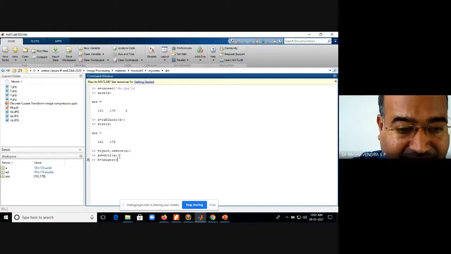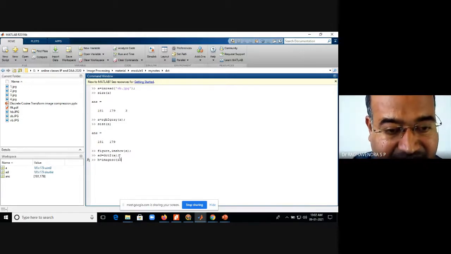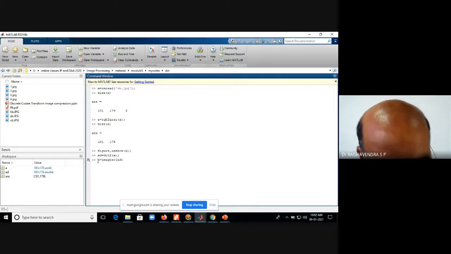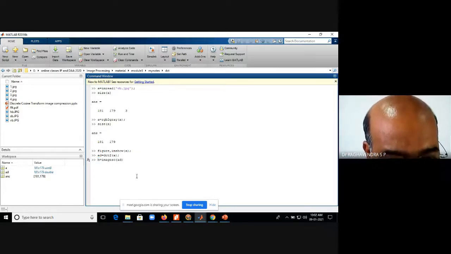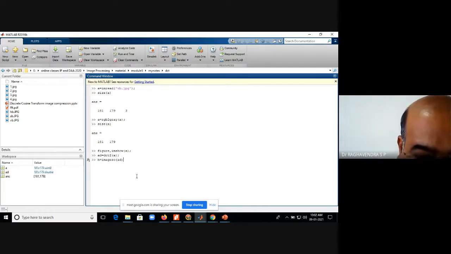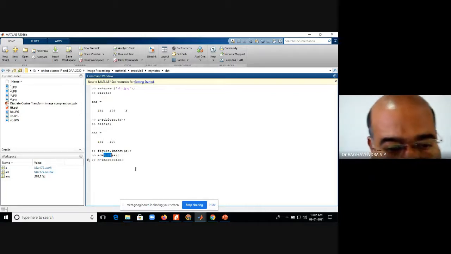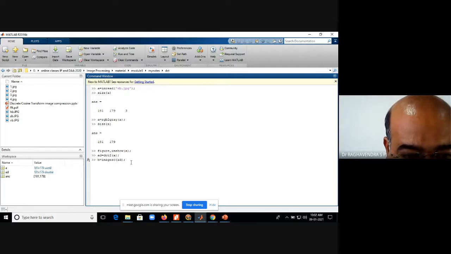It is going to find out the different sections of the image. Since I need horizontal sections, I have just used the variable h here. So imagesc of AD means the variable where DCT2 components are already stored. Now I am going to execute this.